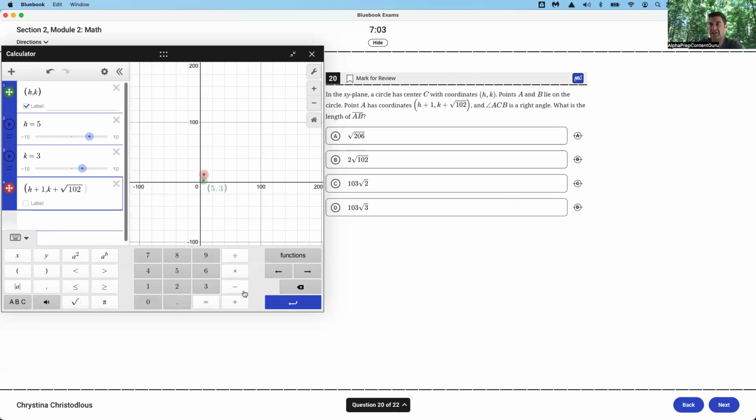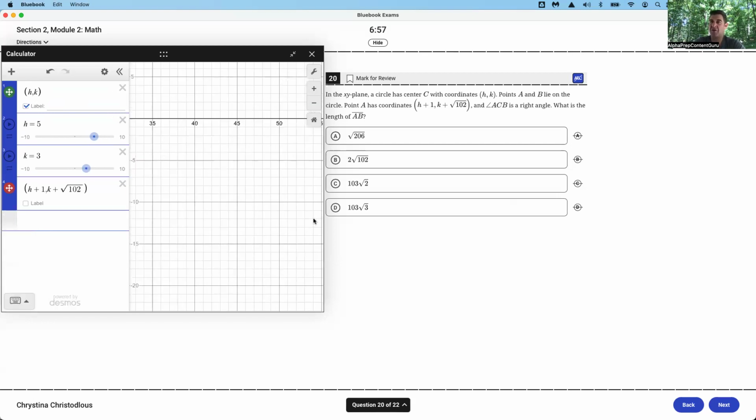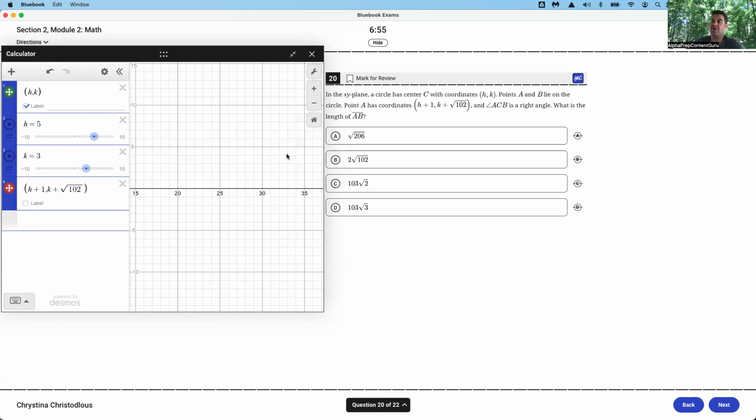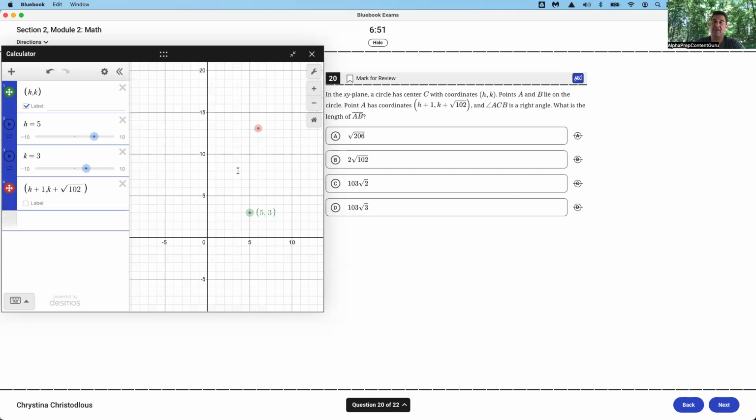Now, when I do that, at least now I can see those 2 points. I know that the red point is actually on the graph, and I know that the green point is absolutely at the center. So I've got a circle, and I know that from here to here is the radius of that circle. And I want to find the radius.